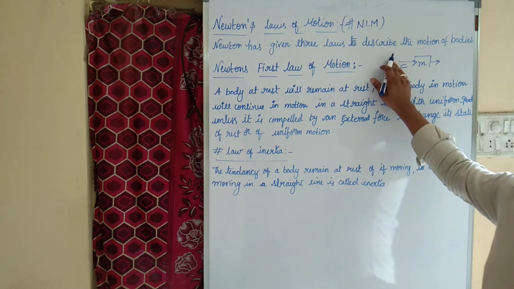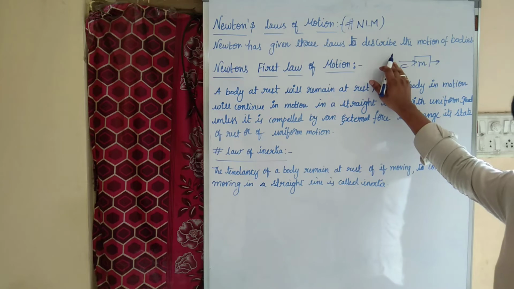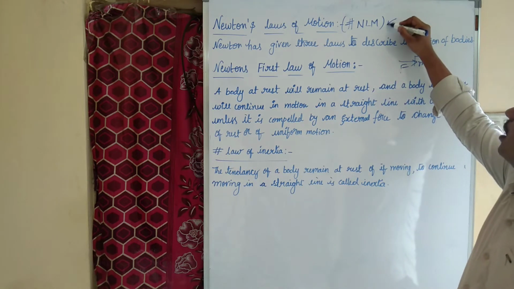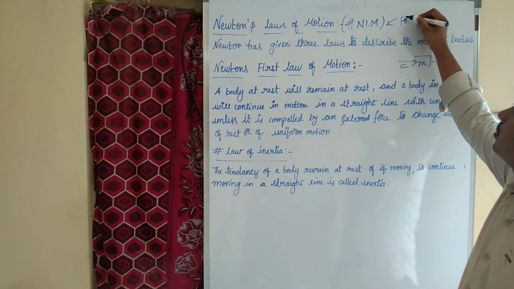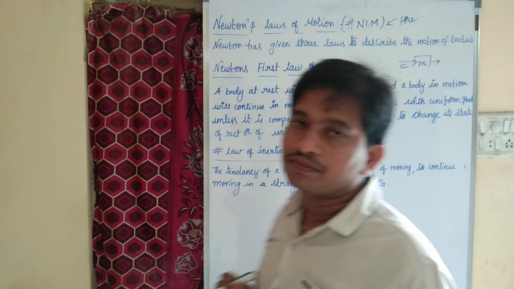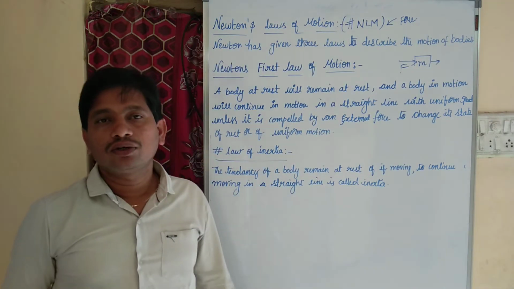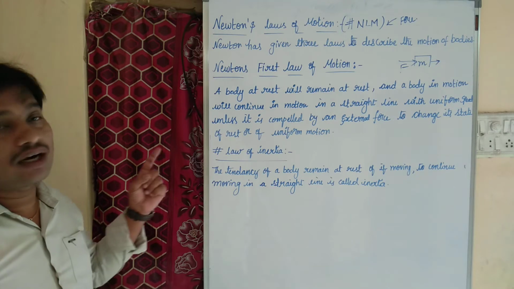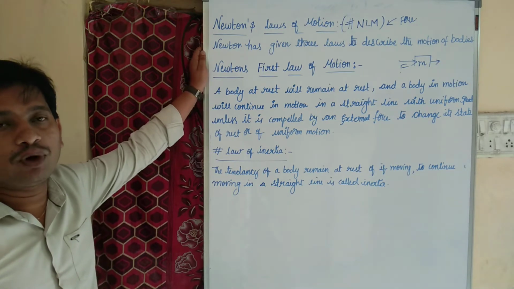So to move any particular body, we require a force. This total Newton's laws of motion depends upon the topic of force only. Force is the cause to move a particular body.